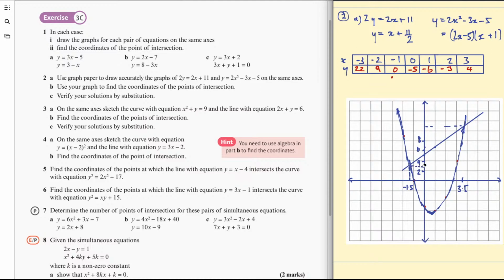Maybe this y value is wrong. This is hard, sketching this. I mean, maybe on paper it's easier. On this software it's quite difficult.